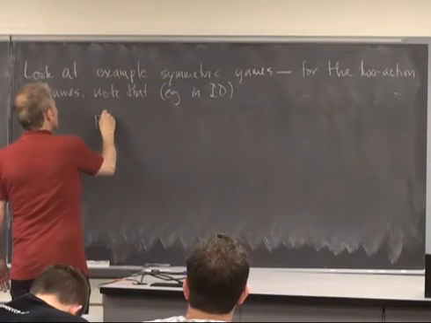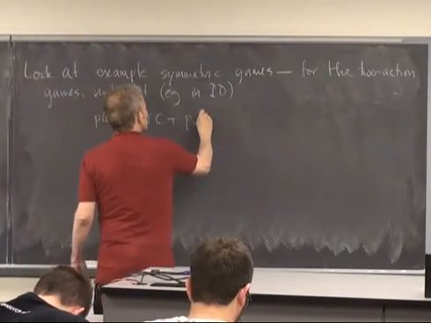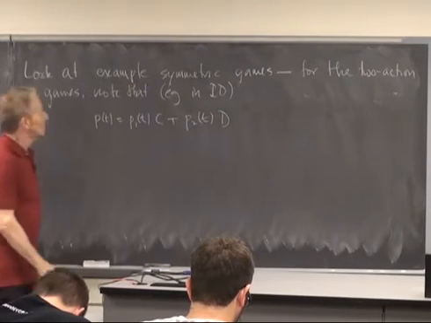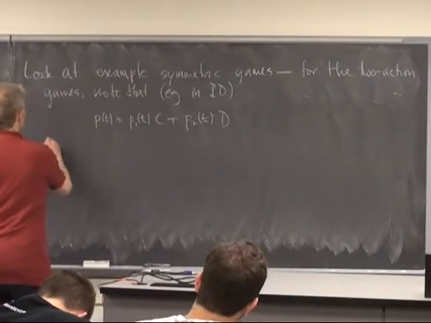You're going to have P of t equals P1 of t times C plus P2 of t times D. But there's a constraint on P1 and P2. They have to add up to 1.